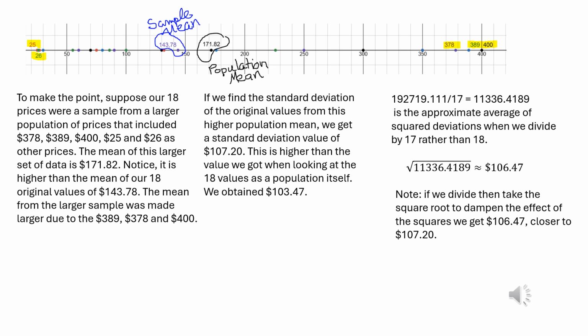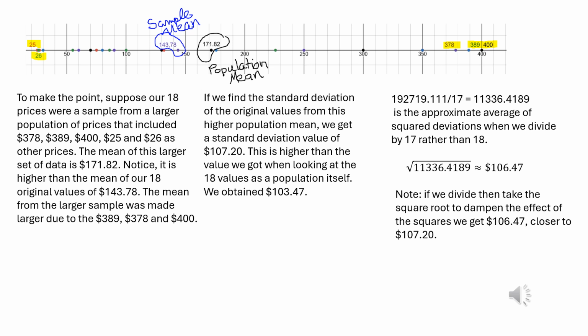If we follow the process of finding the standard deviation of the 18 values that we picked and how they differ from the true population mean of 171.82, we end up getting $107.20 as a standard deviation of the 18 values from the true population mean.